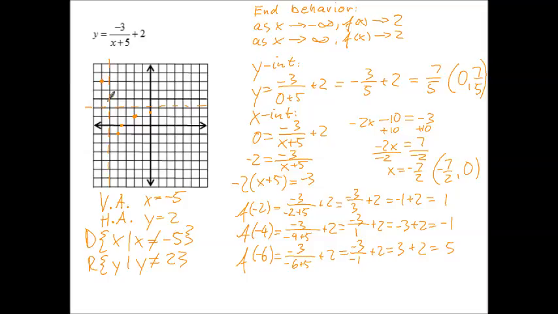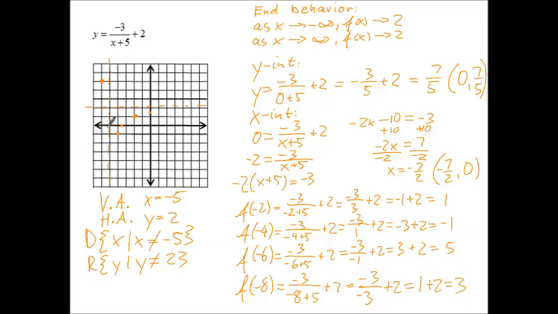And last but not least, I'm going to go yet 2 more steps to the left. F of -8 is equal to -3 over -8 plus 5 plus 2, and that's -3 over -3 plus 2. In other words, 1 plus 2, and that is 3.